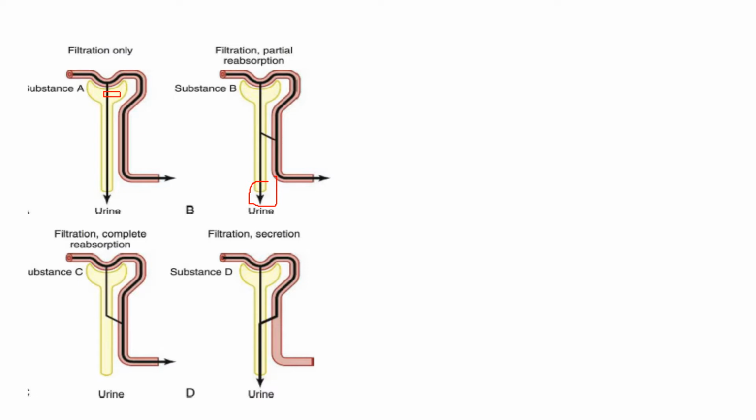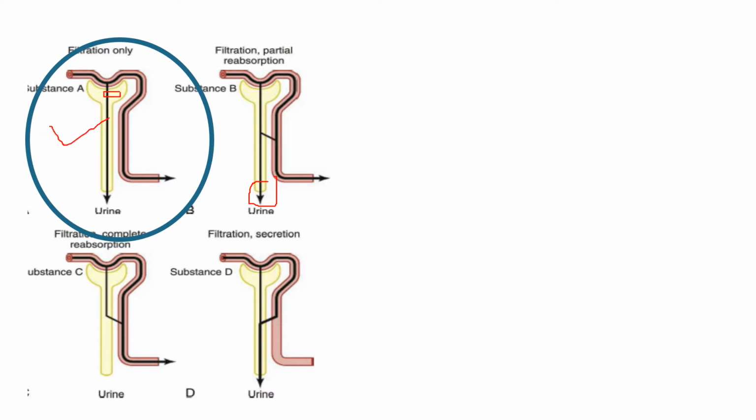So if we want to replace the clearance with GFR, we have to select such a substance where the rate of elimination is just equal to the rate of filtration. We have to consider this situation only. But if there is partial reabsorption or total reabsorption or secretion of substances into the tubule, then we cannot replace clearance with GFR.